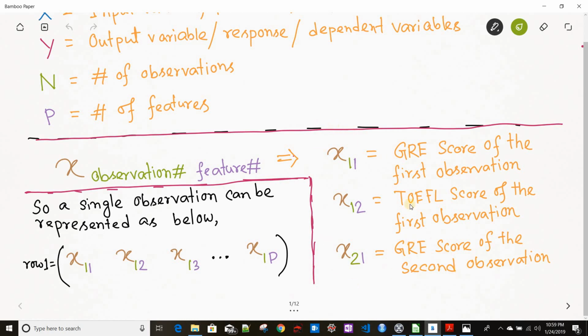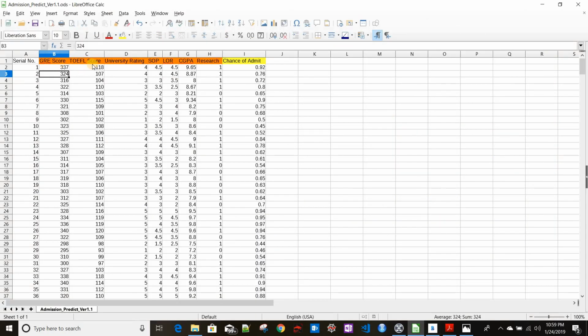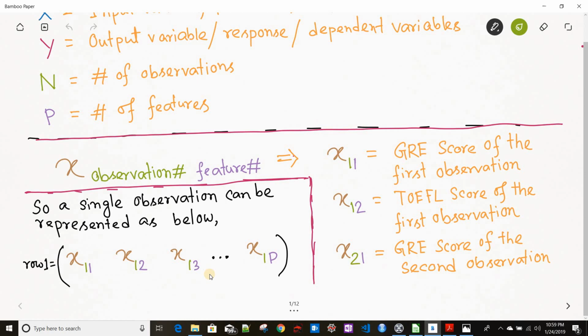If we represent it like this, then a single row, let's take the first row, we can represent as x11, x12, x13, up to x1p, right? This is actually called a row view. Now this is a single row.